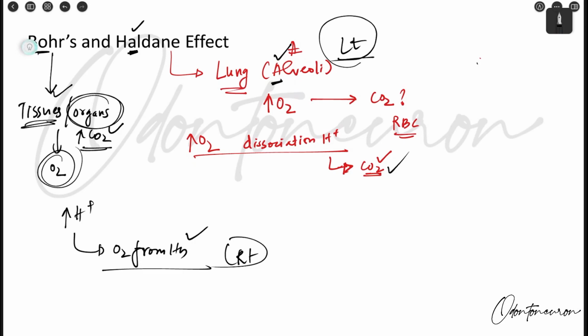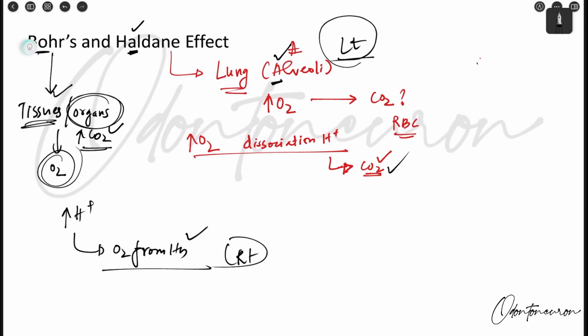Now let me come back again to Haldane's effect. Haldane's effect basically happens in your alveoli or in your lung. When there is a high O2 level in your alveoli, it promotes a release of CO2 from the RBC. That is what your Haldane effect is. What is Bohr's effect? When there is a high CO2 level in peripheral tissues, it promotes a release of O2 from the RBC.